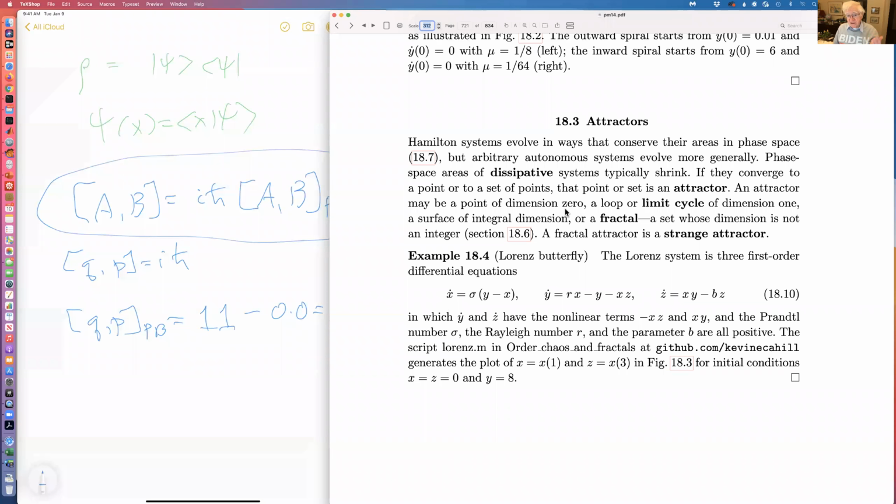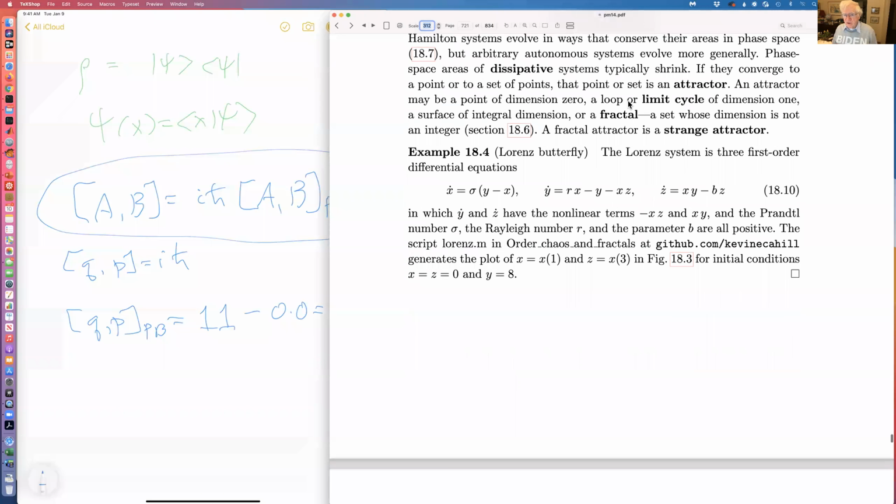An attractor needn't actually be a point or a discrete set of points. It can be a continuous set of points, as in the van der Pol oscillator, where it was a perimeter, or it can be a surface of arbitrary dimension, or it can be a fractal, which is a set whose dimension is not an integer. And if you have a fractal attractor, that's called a strange attractor.